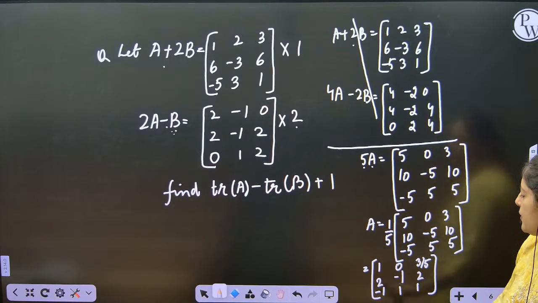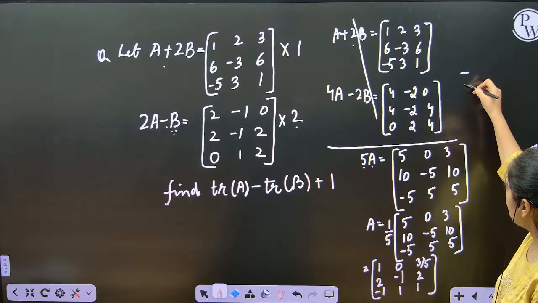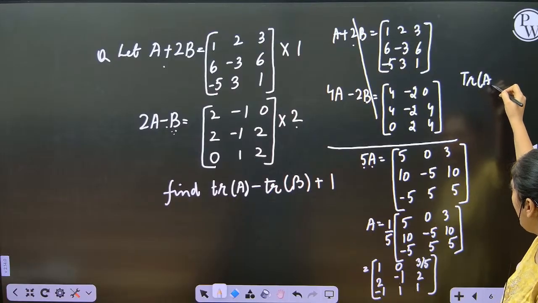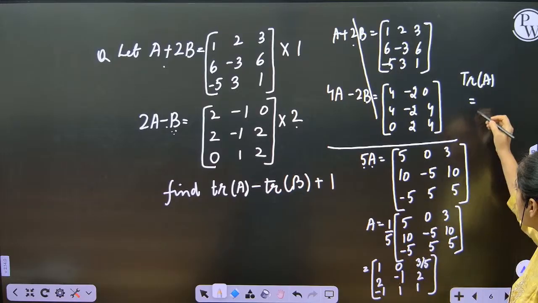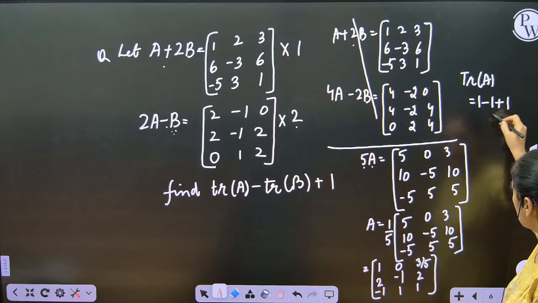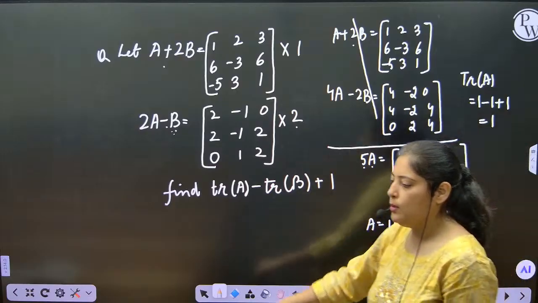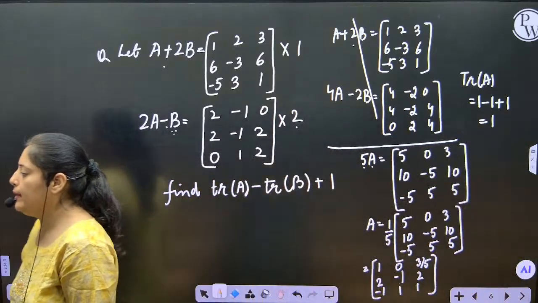All right. Now trace of A. Trace of A is nothing but what? We have to add all the diagonal elements. Diagonal elements, if I add 1 minus 1 plus 1, it comes out to be 1. Note it till here quickly.